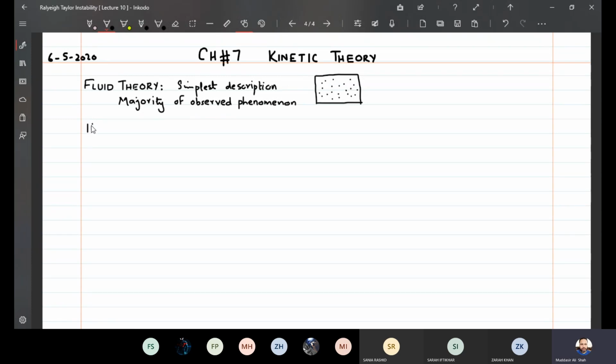So instead of using fluid theory, we use kinetic theory, where we use a distribution of the velocities of particles, where f of v is the distribution function.